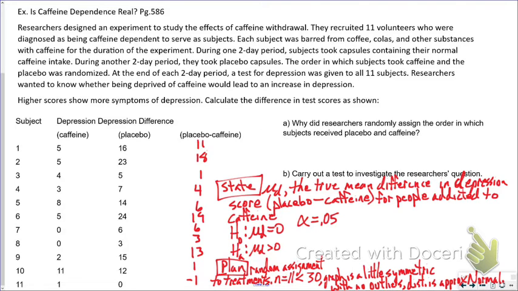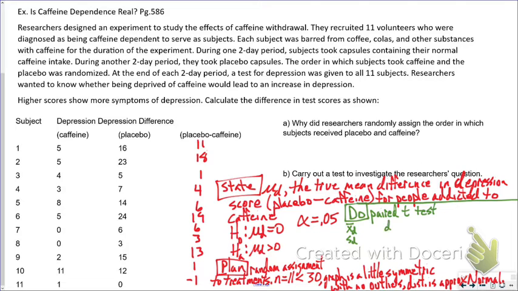All right, on the do step, let's change colors so I don't blend in there. We are doing a paired t-test. I need to get x bar d, that's the mean difference. I need to get SD.